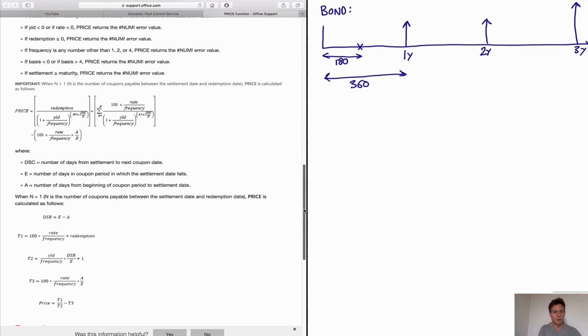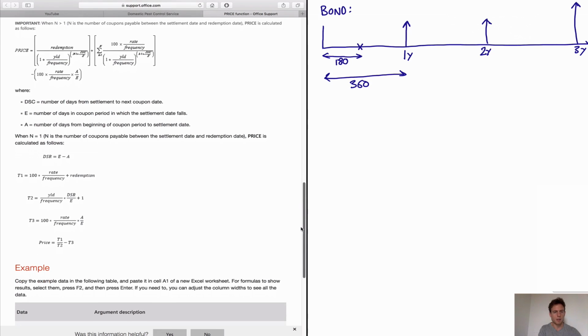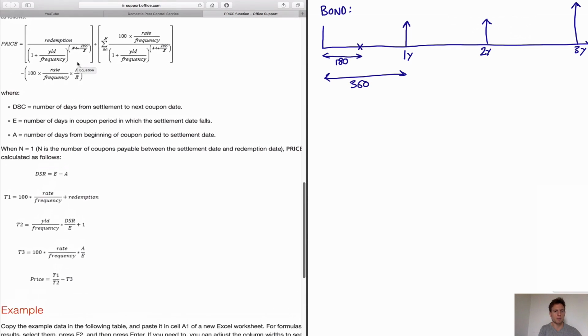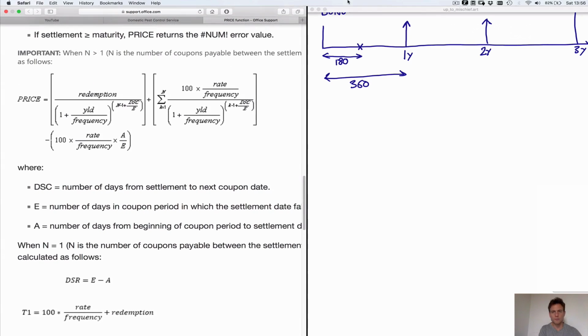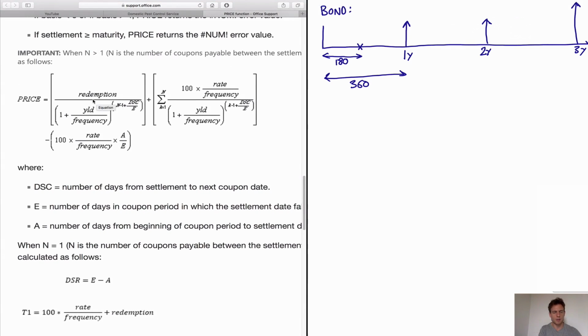Okay, so basically the calculation that Excel is doing might look somewhat familiar, right? It might look a bit intimidating at first, but essentially what we have over here is the redemption, which is the final principal payment, divided by 1 plus yield divided by frequency.